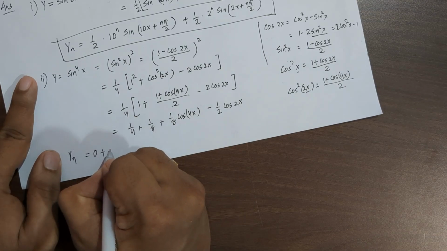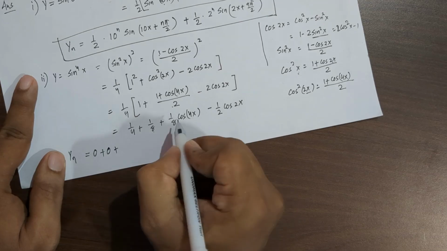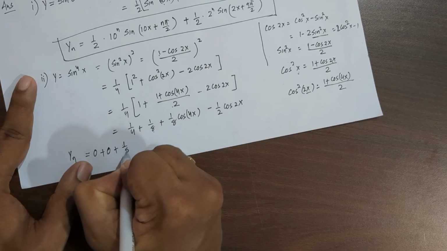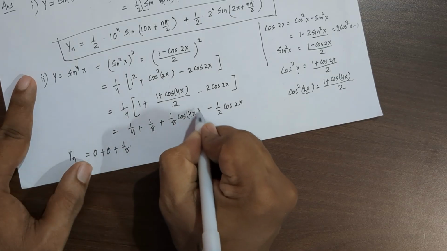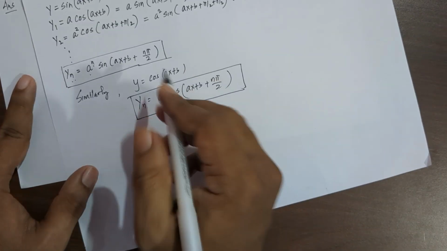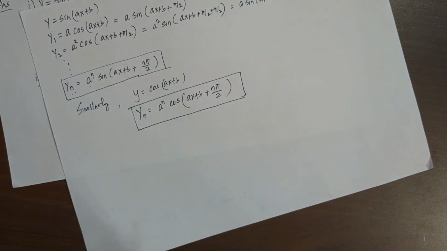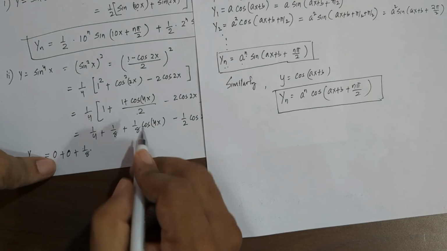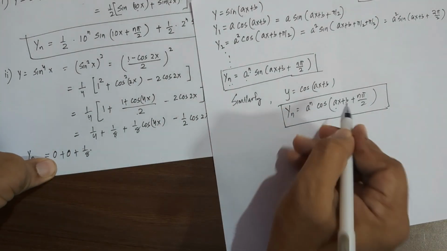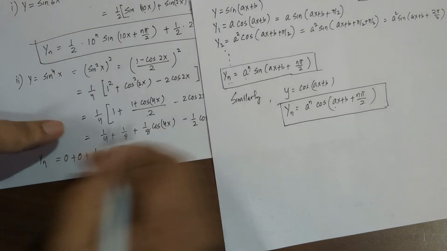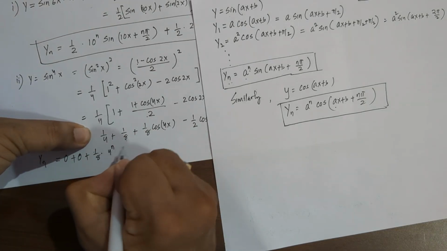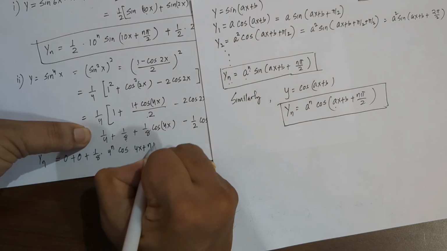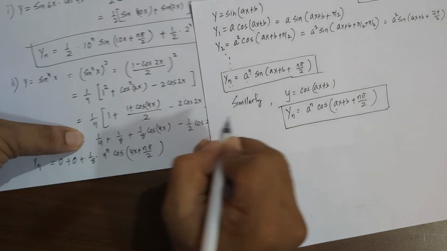Similarly, for the nth derivative of 1 over 8, we will obtain 0. For 1 over 8 times cos 4x, 1 over 8 will go outside, and for the nth derivative of cos 4x, we have the nth derivative of cos of ax plus b, which is a to the power n cos of ax plus b plus n pi over 2. Here we have 4 as a and b is 0, so this is 1 over 8 and 4 to the power n cos of 4x plus n pi over 2.